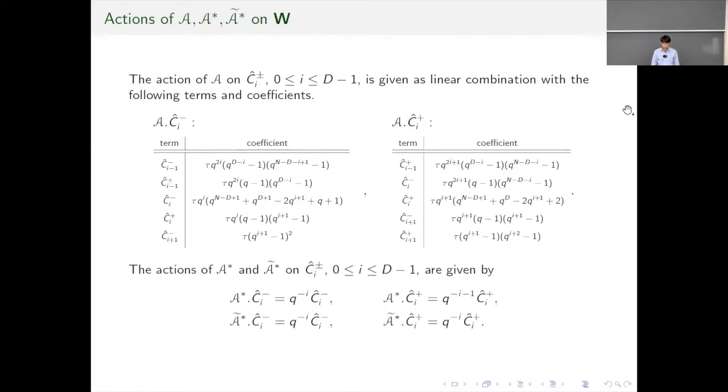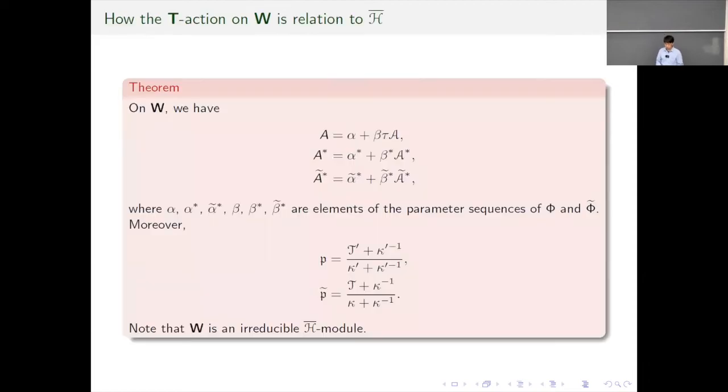Also, the action of A star and A star tilde on Ci plus minus hat is given by this. These are eigenvectors of A star and A star tilde with this eigenvalue. So we are almost done. This is the main result on the degenerate case. On W, we have these three equations.